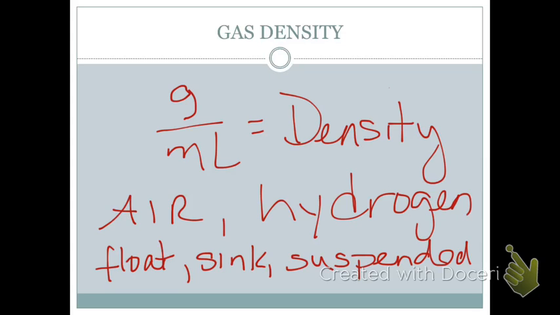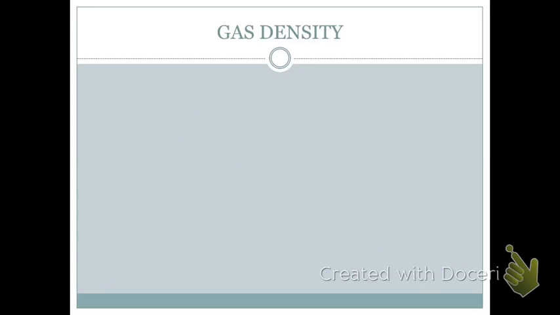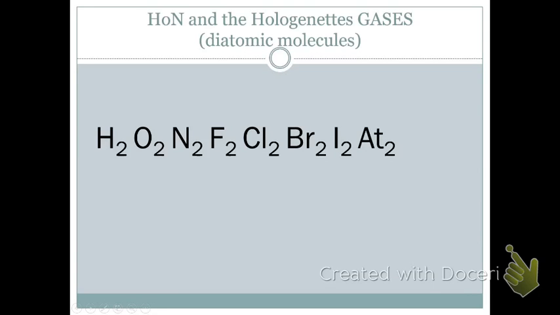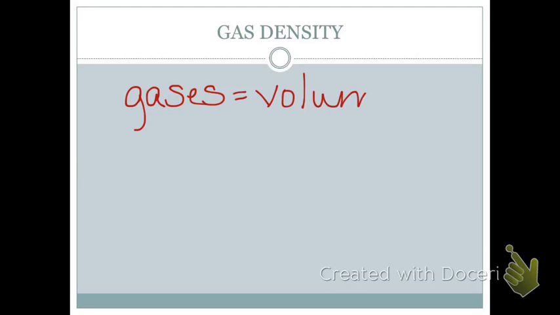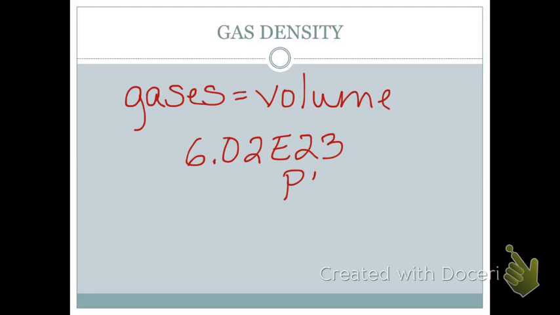So when we look at the density of a gas, we're actually looking at a gas that has the same number of molecules. Well, we know that all gases, and pretty much everything that has volume of gases, is going to be 6.02 E23 particles of that gas.